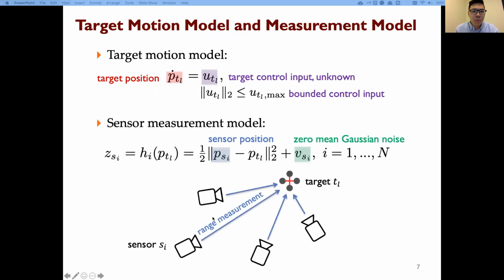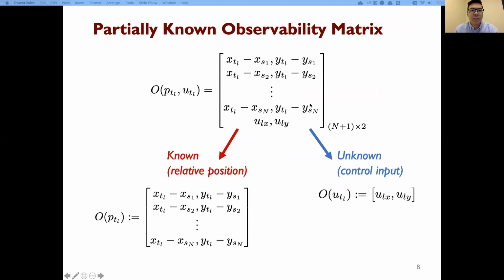And each sensor measures the distance or the range to the target with some Gaussian noise, which means the sensors are noisy range sensors. Each sensor uses the extended Kalman filter to estimate the position of the target. So for the system of n sensors and one target, the observability matrix can be computed as the relative position between each sensor and the target.